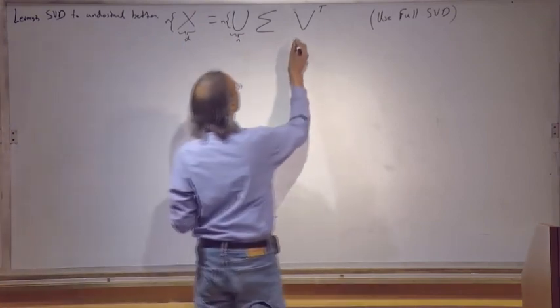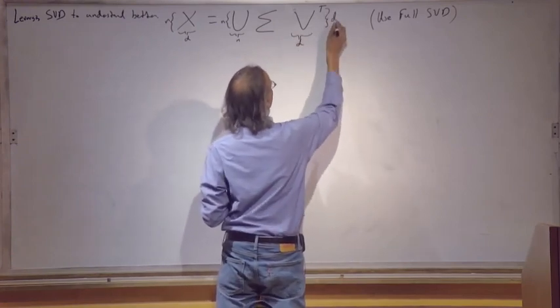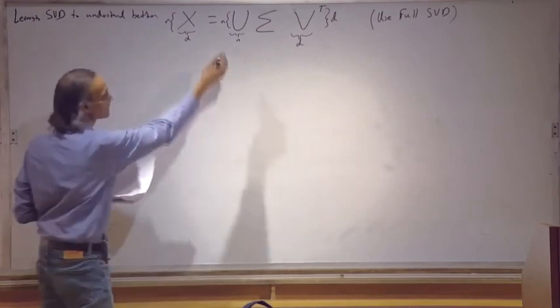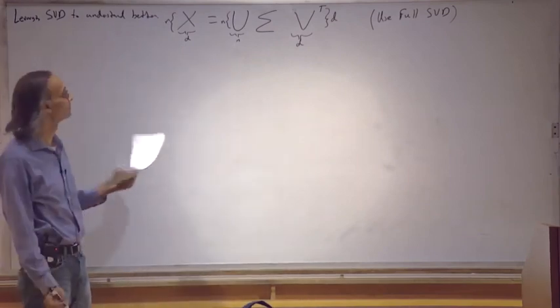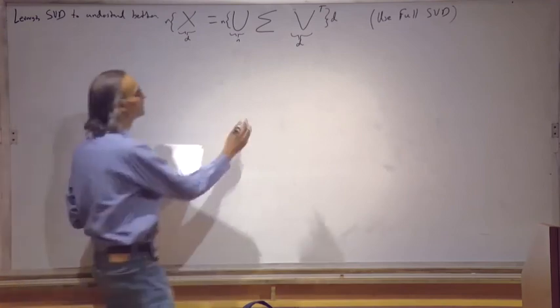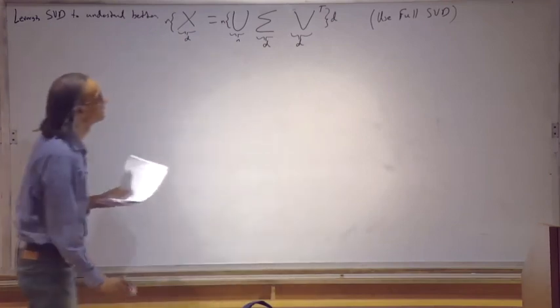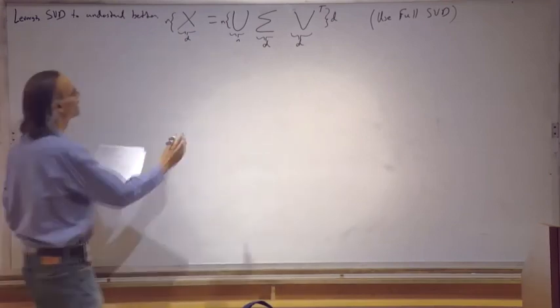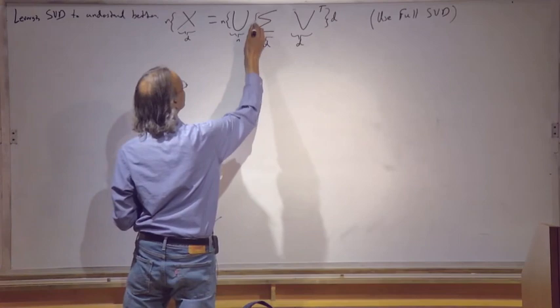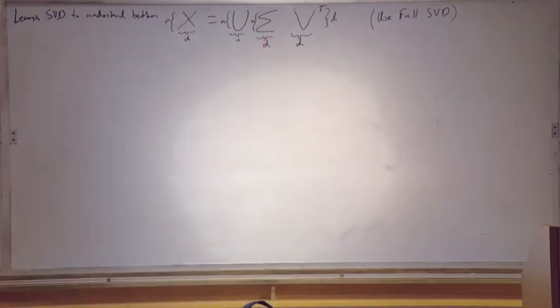D by D. And what's the size and shape of sigma? How many columns? D columns, and n rows. Same shape as X in the full SVD.